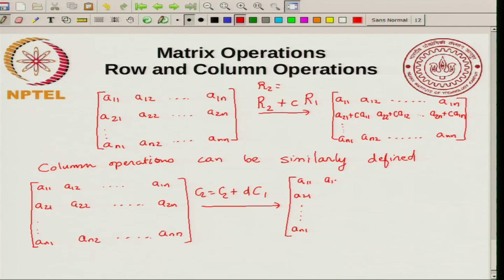So you will get A12 plus D A11, A22 plus D A21, and all the way up to AN2 plus D AN1. All the other columns are unchanged.